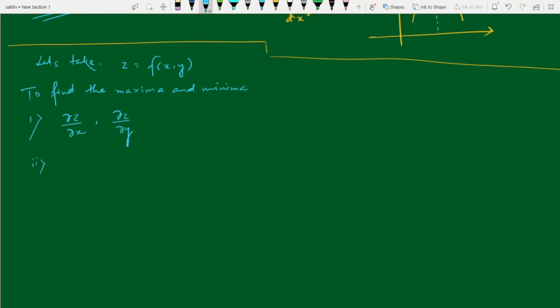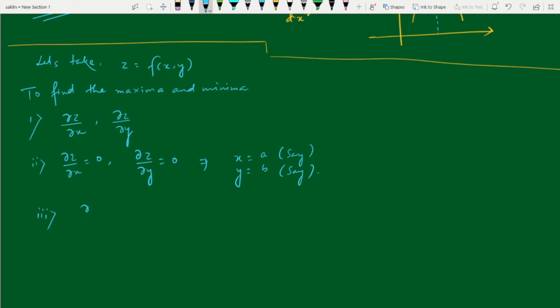Then we have to set del z by del x equals 0 and del z by del y equals 0. By this we can get the value of x and y. Let's take a and b. Say I am considering it.